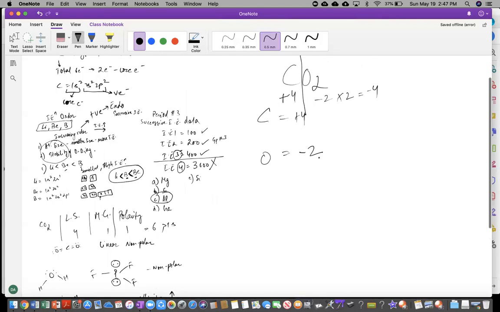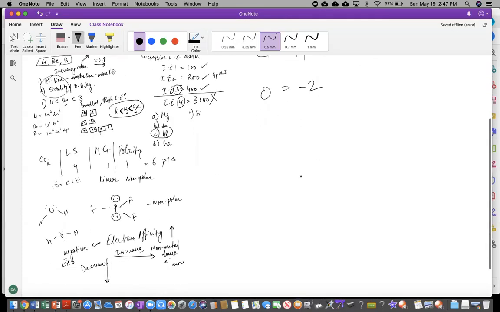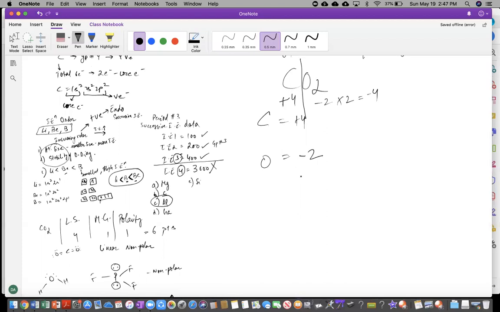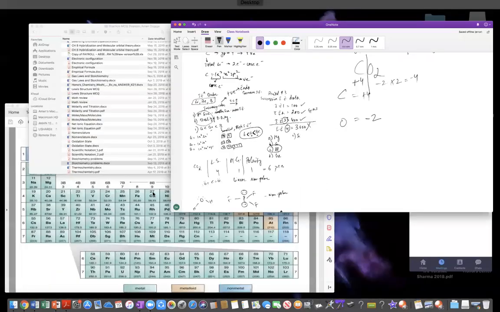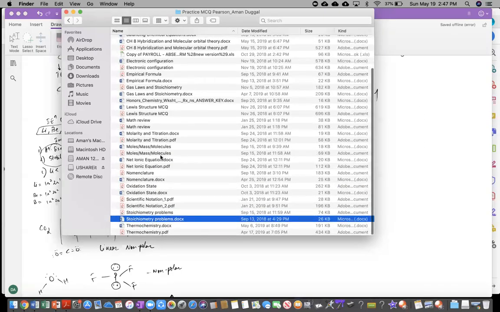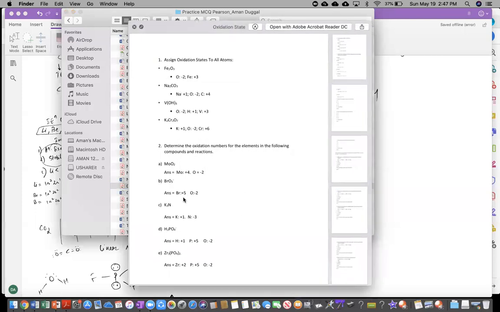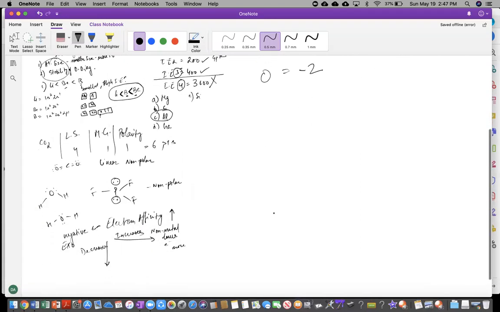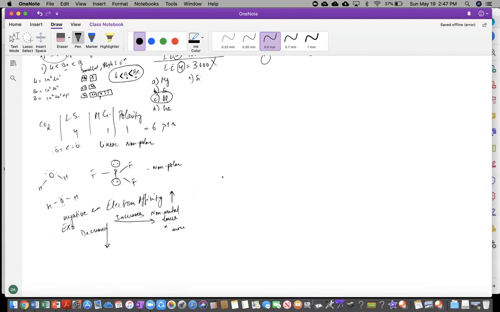Does that make sense, Nick? Yeah, that makes sense. What was the multiple choice worksheet to practice for that one? I think it says oxidation numbers. Okay, oxidation state. Can you do a quick example on hybridization? Sure, let me finish the oxidation state first because you might see slightly different examples.